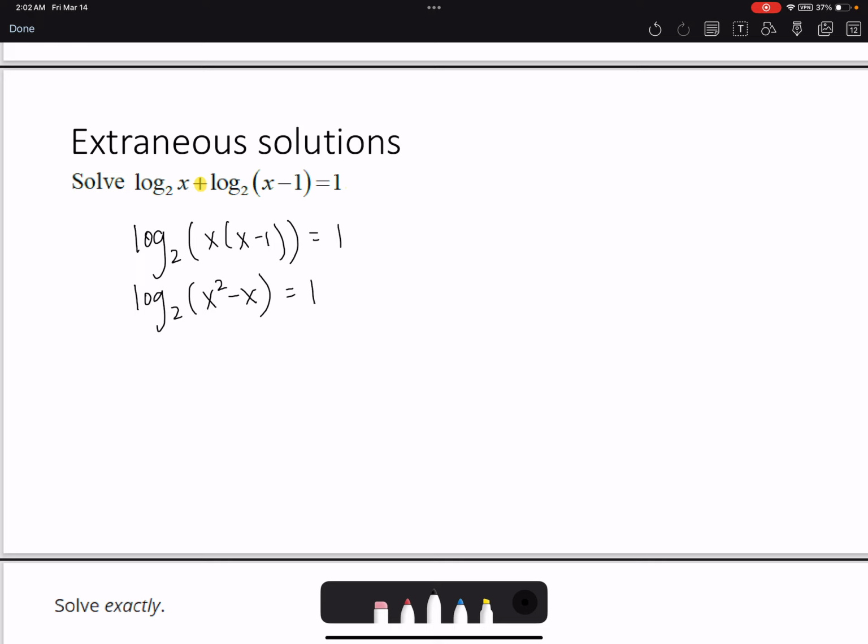And then we can rewrite this. So if I raise both sides, if I do 2 to the power of log base 2 and then 2 to the power of 1 on the other side, then that would cancel. And we have x squared minus x. And then over here we have 2 to the first power, which is just 2.